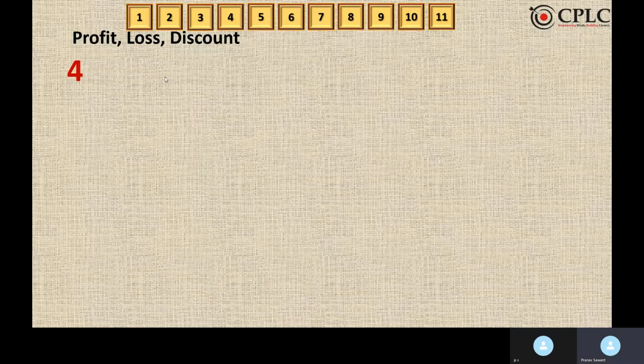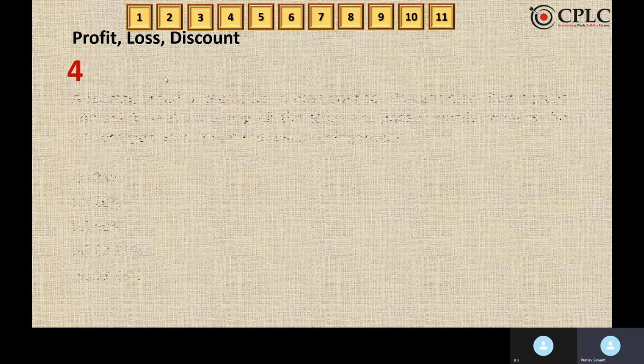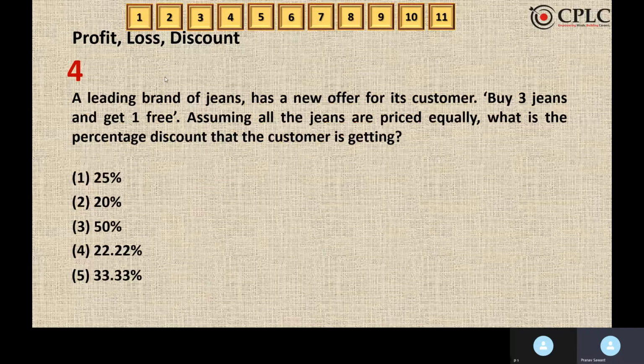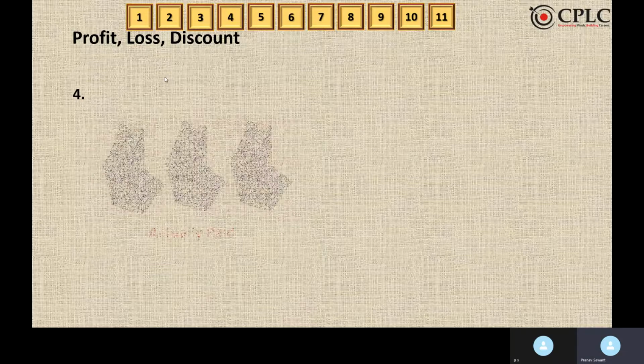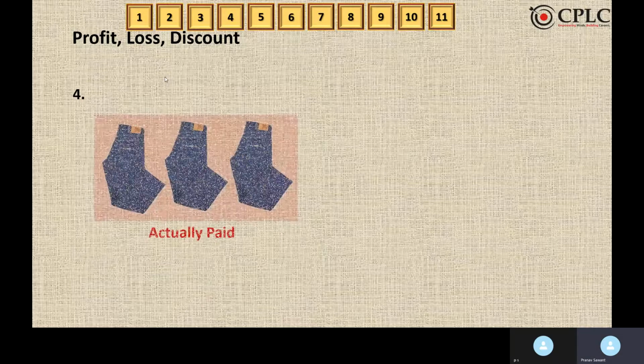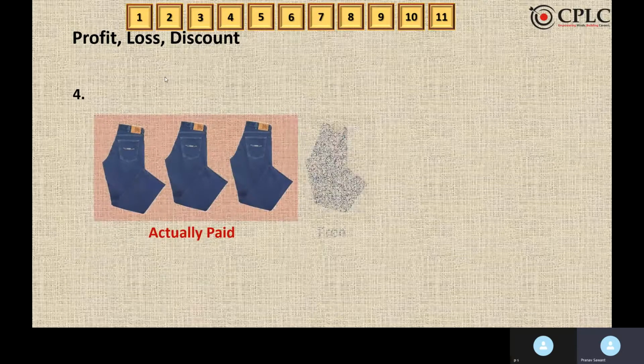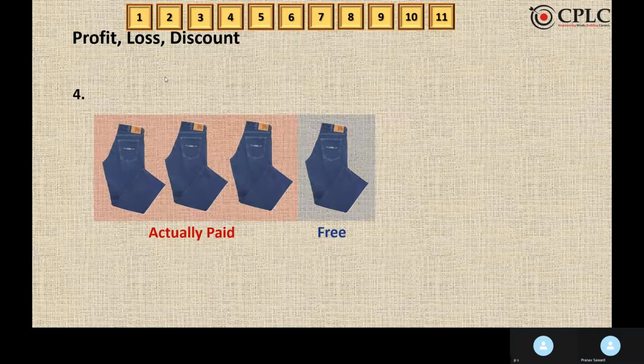A leading brand of jeans has a new offer for its customers. Buy 3 jeans and get 1 free. Assuming all the jeans are priced equally, what is the percentage discount that the customer is getting? So let us assume 1 jeans as 1 rupee. So actually we are only paying for 3 jeans and we are getting 1 jeans free.